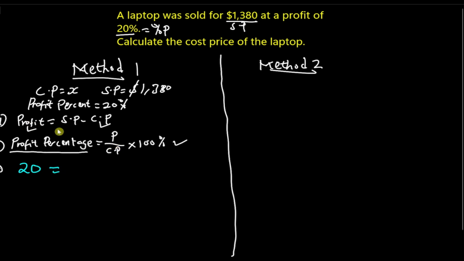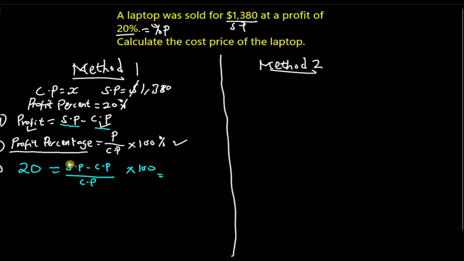Since we don't know the profit, we can substitute selling price minus cost price, because profit is the same as selling price minus cost price, all over the cost price times 100.